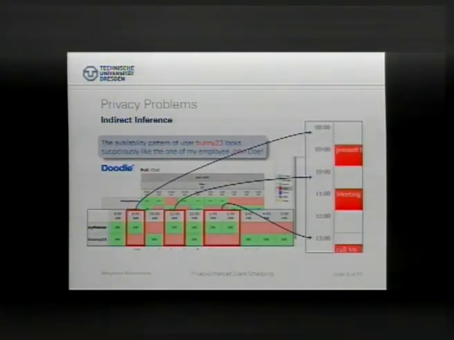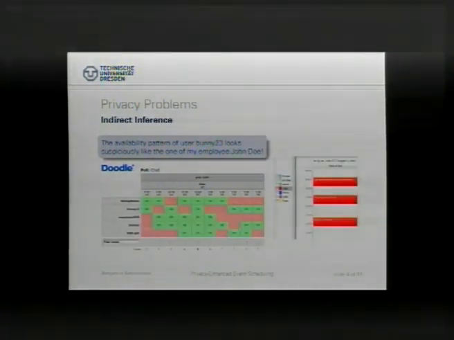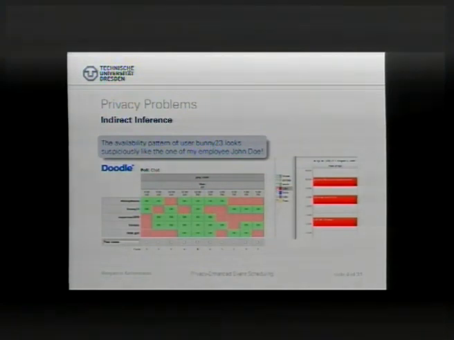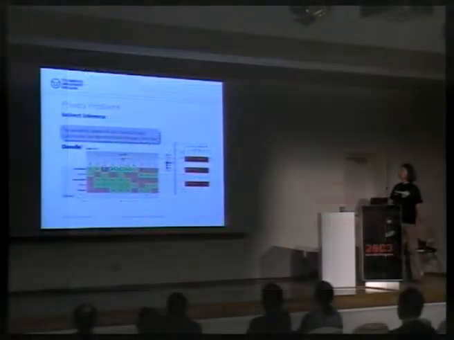The next thing is the indirect inference. This is what happens if we connect two or more sources where we can get information. For example, here we have two calendars. One is taken from Sunbird, and the other is a Doodle poll, which polls about some chat.